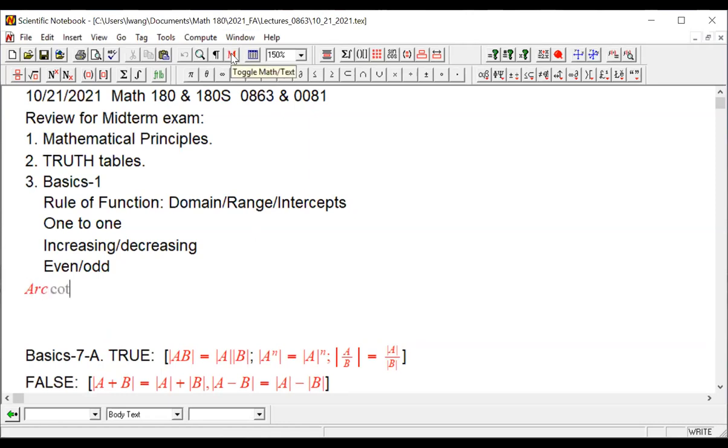Arc cotangent. What about it? Can you type your answer, because your voice seemed to be a bit muffled for me. Okay. Arc cotangent.